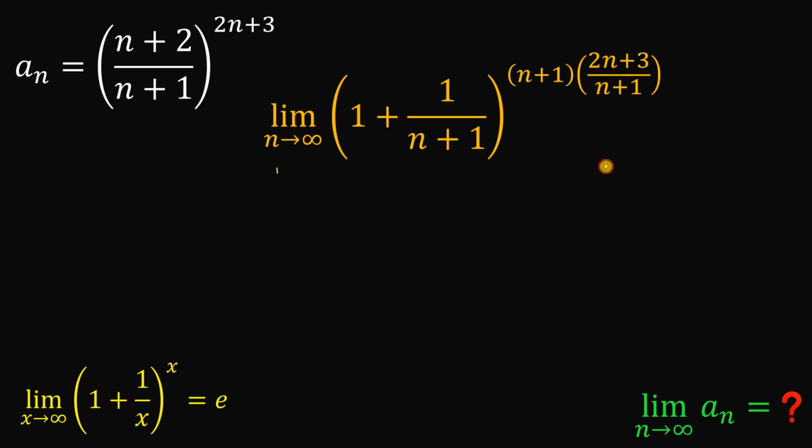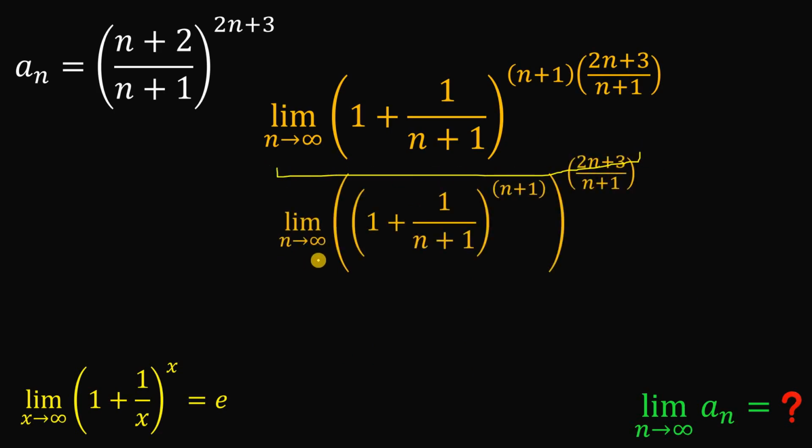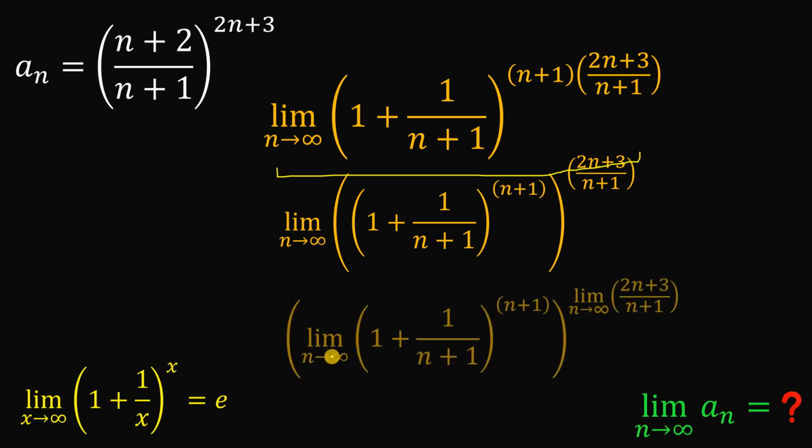Now, using some laws of exponents, we can rewrite this expression as follows. So the limit of (1 + 1/(n + 1)) raised to the power of (n + 1), raised to the power of (2n + 3)/(n + 1), as n approaches infinity. And now, applying some rules on limits, we can rewrite the whole thing as follows.